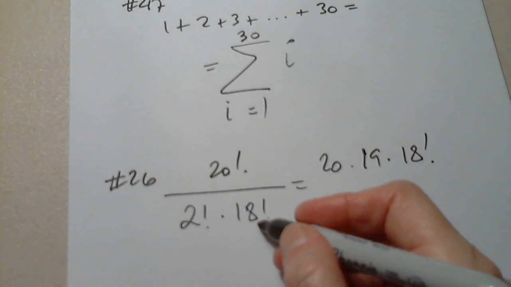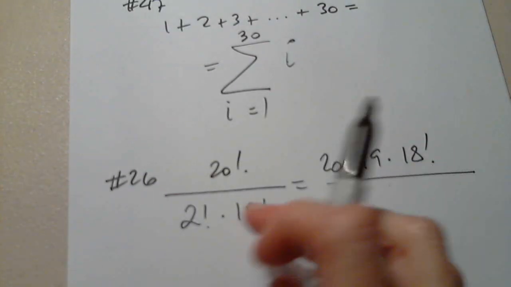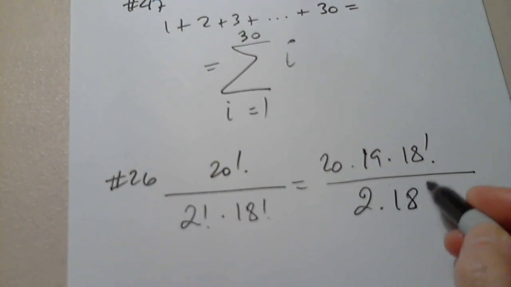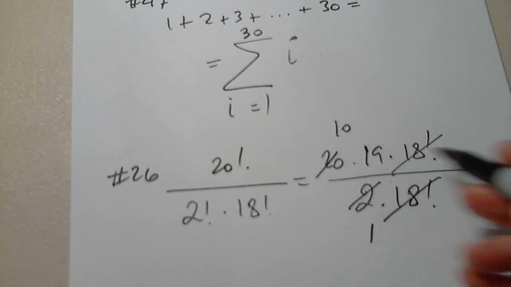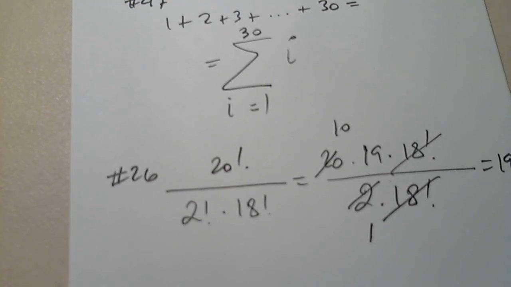Why do I stop at 18? Because I see 18 at the bottom. And this is a 2, and times 18 factorial, and they go away. I simplify, and I get 190. So always remember, simplification is the best route, always, if it's possible.